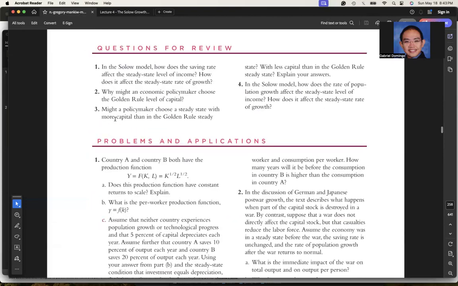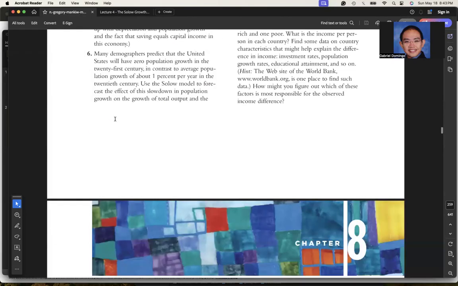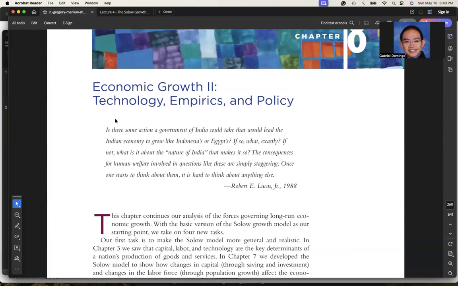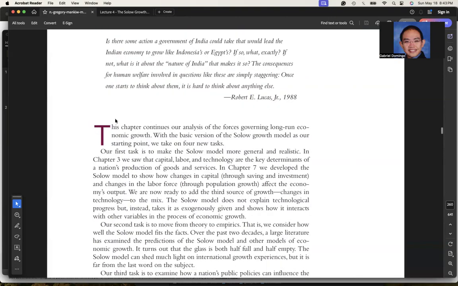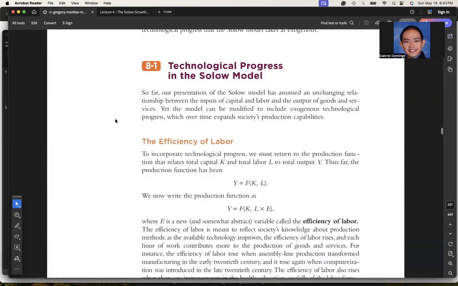So that ends chapter 7, which allows us now to go to chapter 8. Chapter 8 is the final form, if you will, of the Solow model.